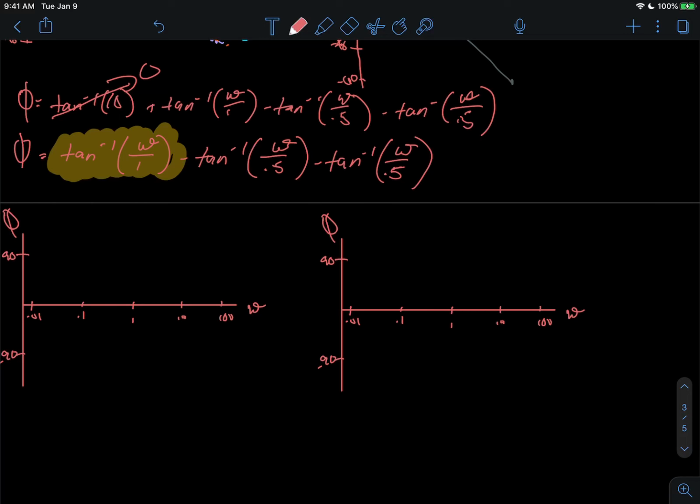So what that means is at 10, it's going to reach 90. So right there, that's going to be a point, that's going to be a point, and then that's just going to be 0. Right there, perfect.